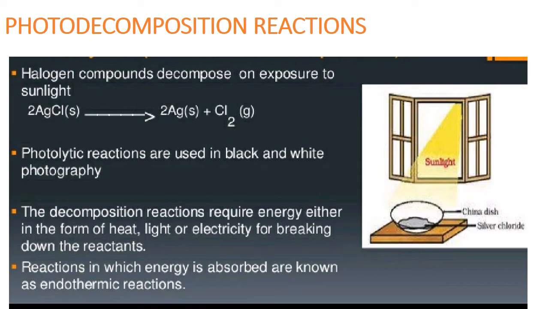After absorbing the sunlight, this compound breaks down into silver and chlorine. Chlorine is a gas. It goes into the atmosphere, leaving behind the silver in the container. This reaction was used in black and white photography. Now we have discussed the three types of decomposition reaction, that is thermal decomposition reaction, electrolytic decomposition reaction, and photodecomposition reaction.